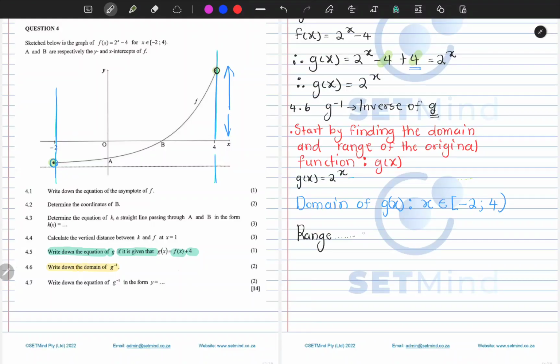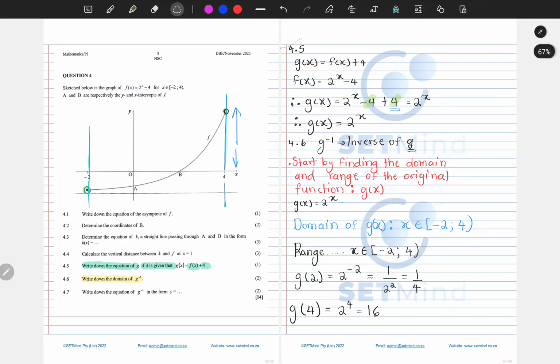Because the domain is restricting the function to have a minimum x value of -2 and a maximum one of 4, it means that when I'm looking at my range, I need to find g of -2, which will just be 2 to the -2. And this will be 1 over 2 squared. This will be 1 over 4. Then if you look at the other one, I'll have g of 4, which will be 2 to the 4, and this will become 16.